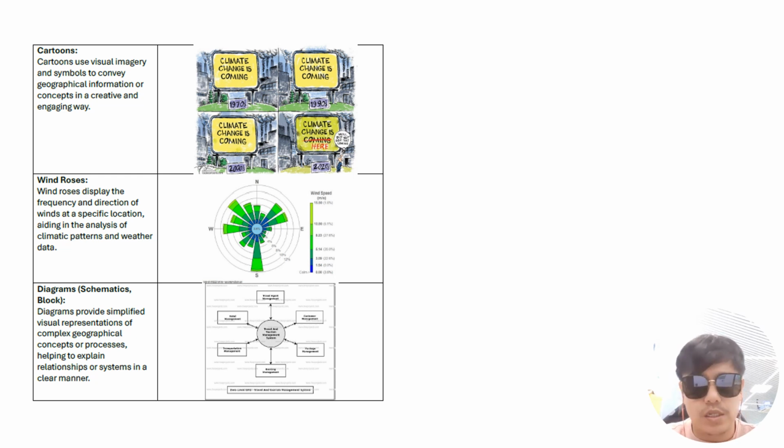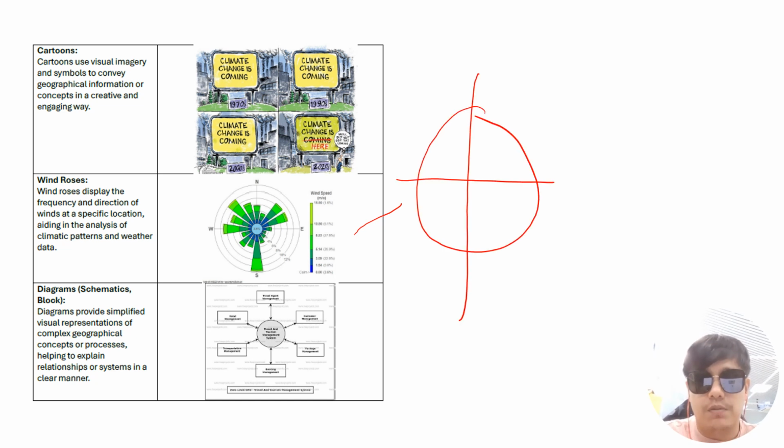Next, we look at wind roses. Wind roses can be a bit tricky. Wind roses usually come in a round shape. Why is that so? It is because it shows your compass direction. You can see the south is getting most of the wind coming in.